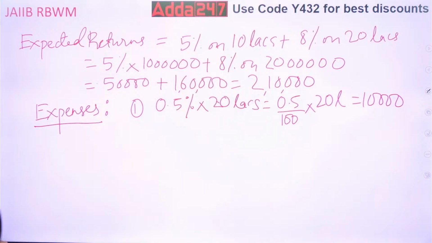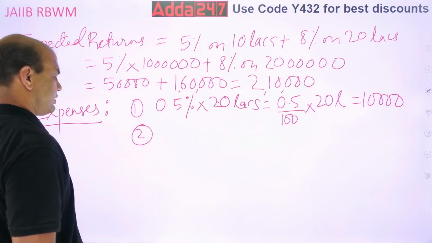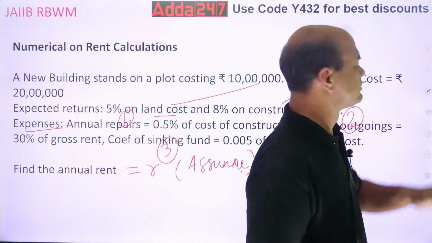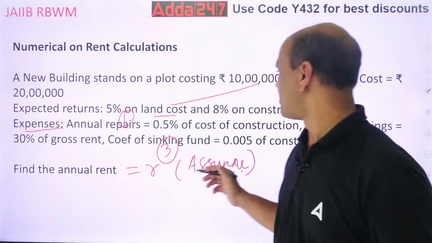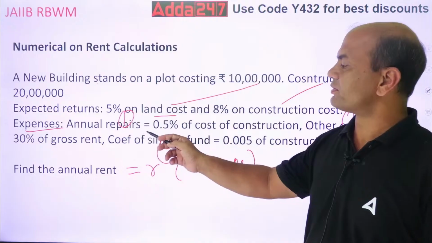What is the second answer? Other outgoings, 30% of the gross rent.